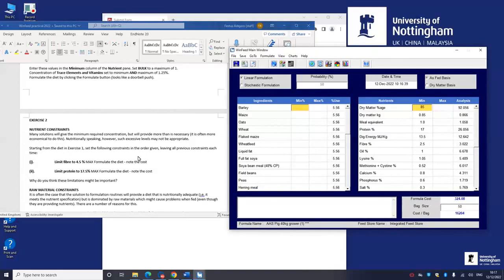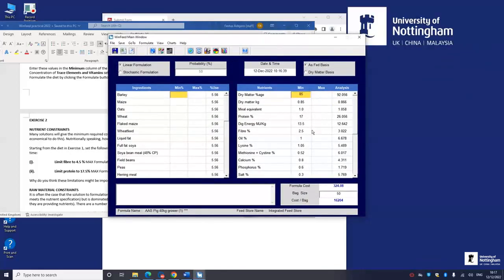The more constraints you set, because basically the first formula will give you what is most likely the cheapest you can get. For some nutrients, it will be exceeded. For example, protein, we said minimum 17. It is formulating something in the region of 26.